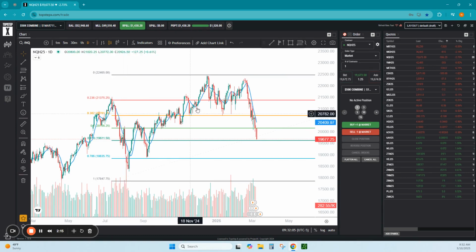And I took that fib and I brought it all the way up to this all-time high around 22,456-ish. And I've been learning how to use Fibonacci, observing how price reacts to different Fibonacci levels.